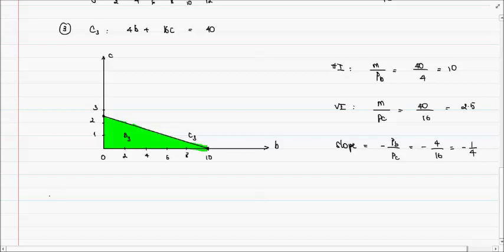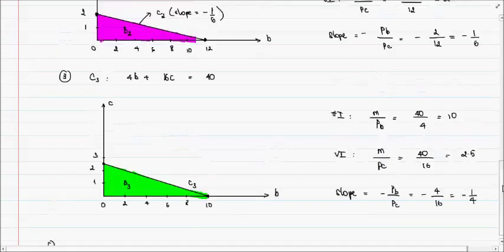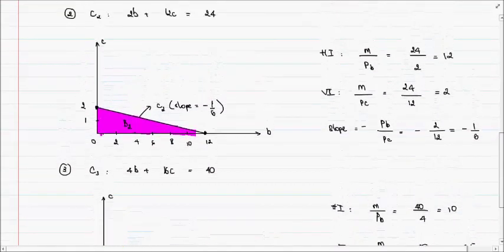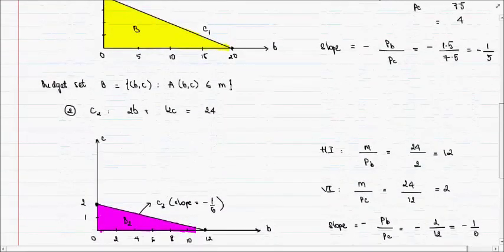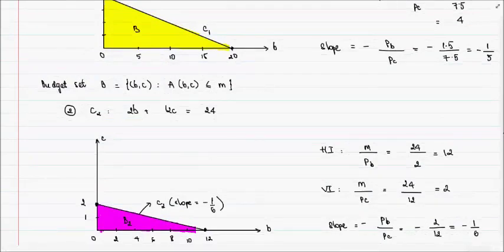So part C is asking you to confirm that the budget sets in cases 2 and 3 are subsets of the budget set in case 1. The easiest way is to put them all together, and then you'll be able to see that C2 and C3 are going to be below C1, in other words they are going to be inside the budget set B1 over here.